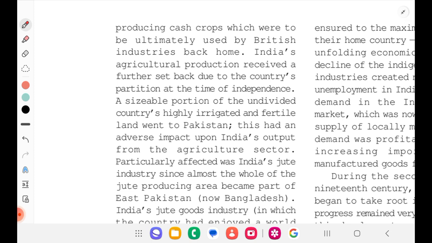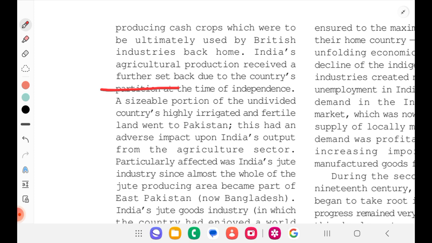India's agricultural production received a further setback due to the country's partition at the time of independence. A sizable portion of the undivided country, highly irrigated and fertile land, went to Pakistan. This had an adverse impact upon India's output from the agriculture sector.